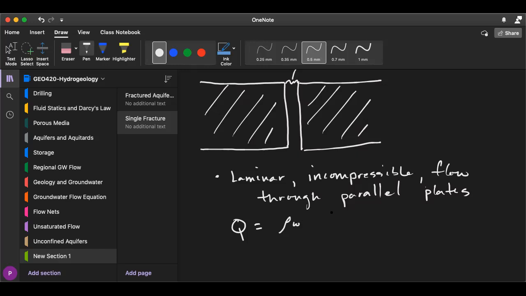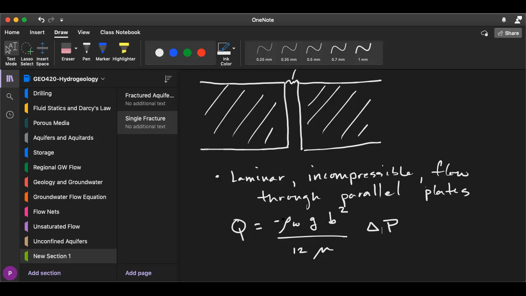It is negative rho water, g, b squared over 12 mu times delta P. Don't worry about the negative. It's just like, is it flowing in or out?